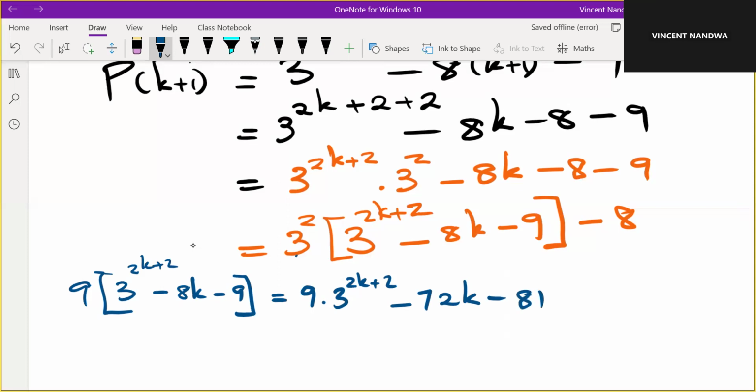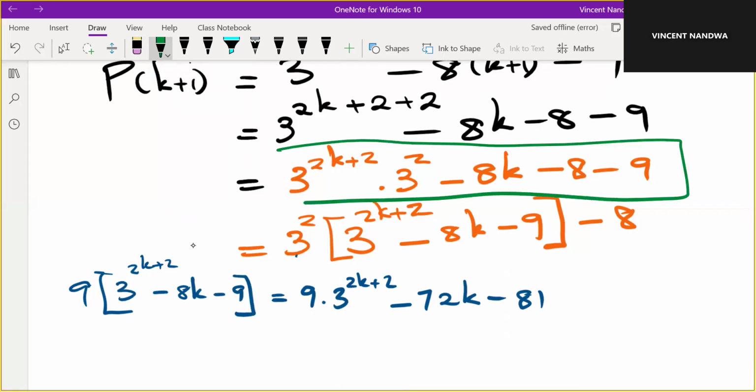But remember, the previous expression is given by 3 raised power 2k times 3 raised power 2k plus 2 times 3 raised power 2, which is already 9, minus 8k, minus 8, minus 9.